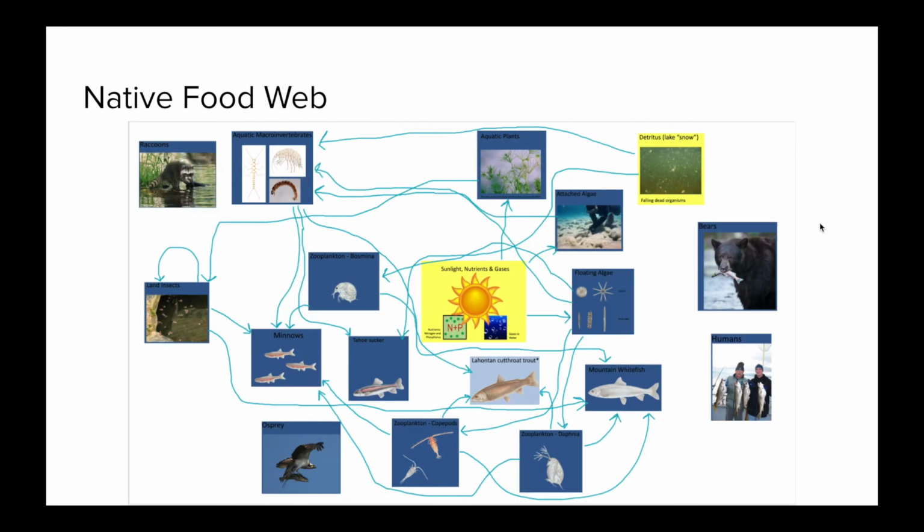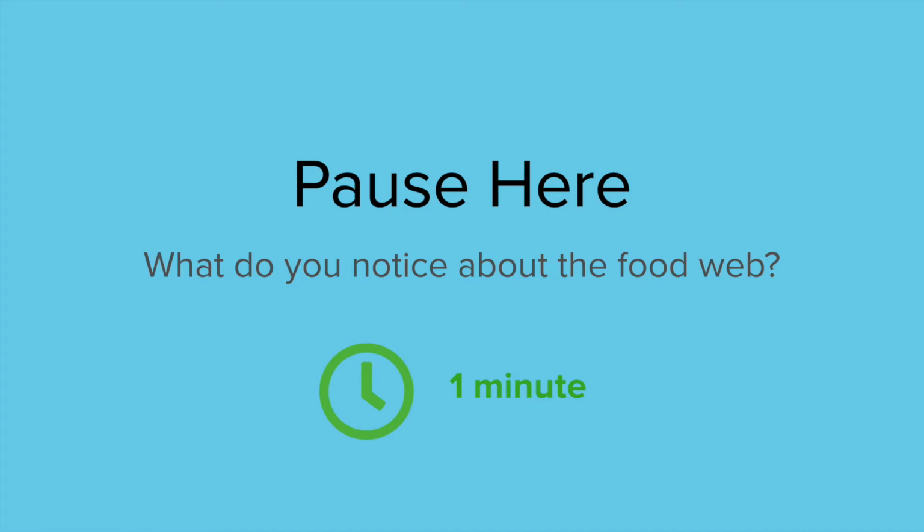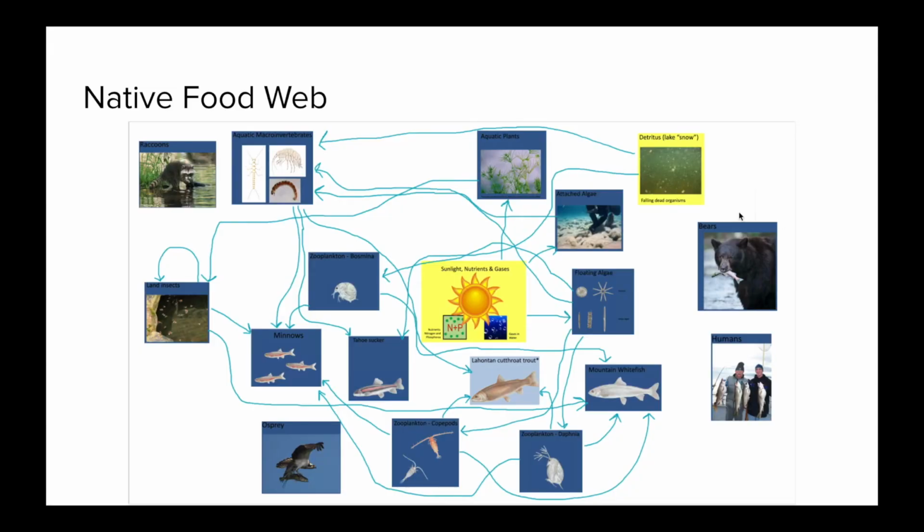Well, if this is our native food web that has all of the blue cards, all of our native species, what do you notice? You can pause the video here and think about what you notice about this food web. I noticed that there are far fewer organisms, and that a lot of the organisms, such as the aquatic macroinvertebrates, have a balance of how many organisms they are consuming.